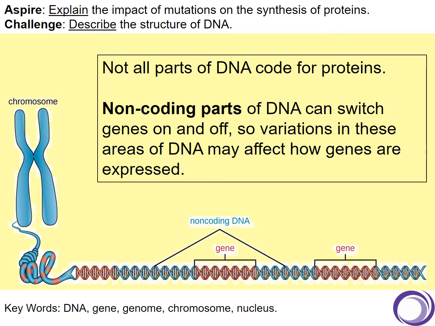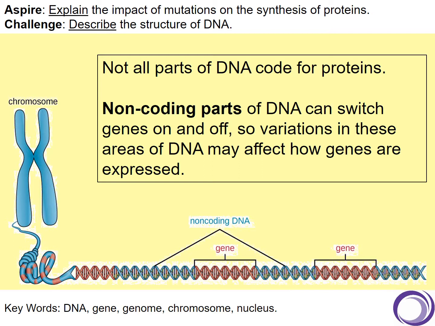When a gene codes for a particular protein synthesized in the ribosomes, the gene is said to be expressed. Most of the DNA code does not actually code for a protein. Remember, about 21,000 genes and 3 billion pairs of bases in any one person.